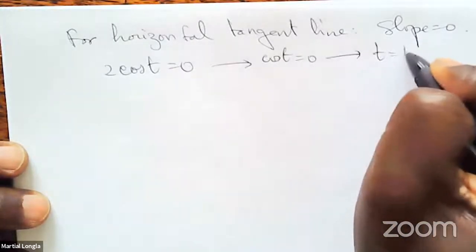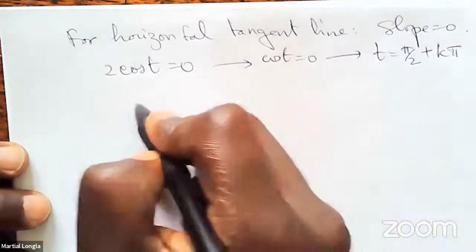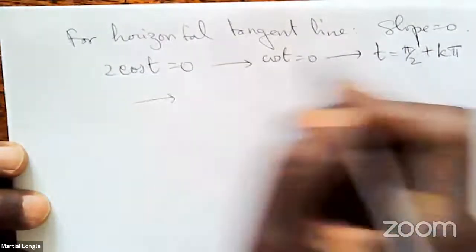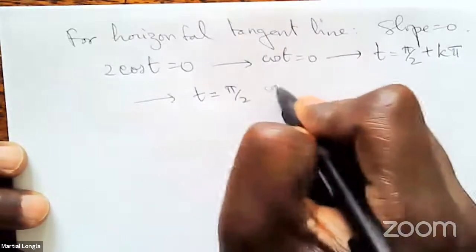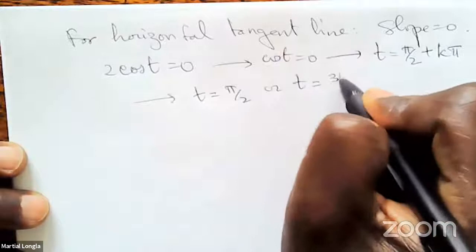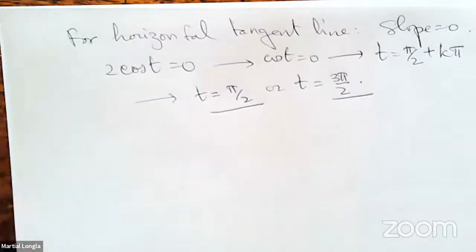So t equals pi over 2 plus k pi. There are only 2 values, k equals 0 and k equals 1, that would work: t equals pi over 2 or t equals 3 pi over 2. So there are 2 points where the tangent line is horizontal, and there are 4 points where the tangent line is vertical.